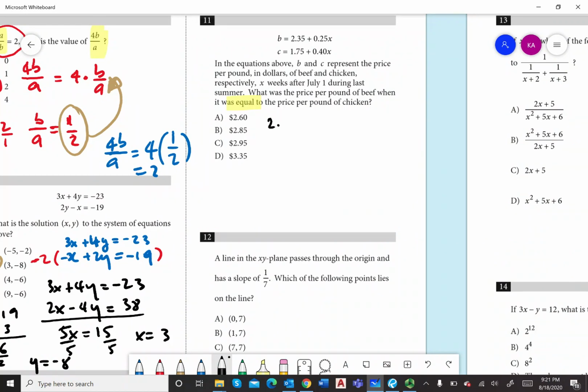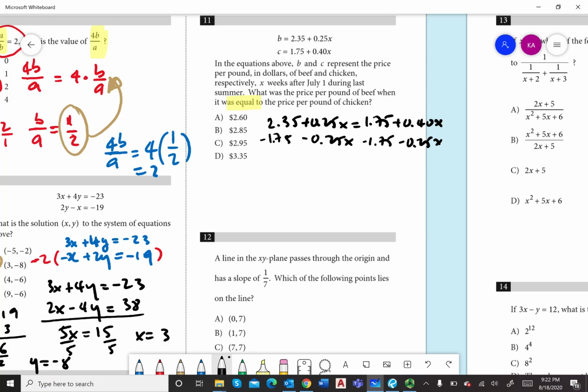So 2.35 plus 0.25x is equal to 1.75 plus 0.4x. Then I keep the x's on the right side so they can be positive. It doesn't really matter. And then I subtract 1.75 from both sides.